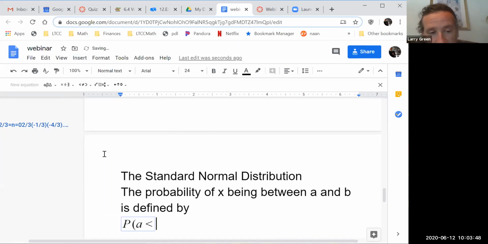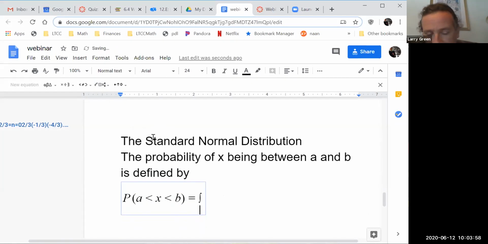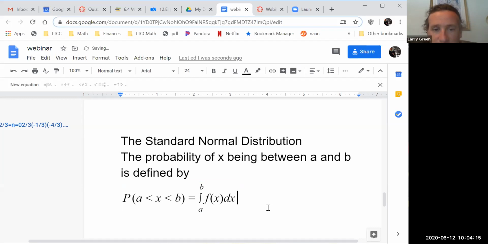P, A less than X less than B, is equal to the integral from A to B of f of x dx, where f is what's called the probability density function. Doesn't sound too bad, does it?